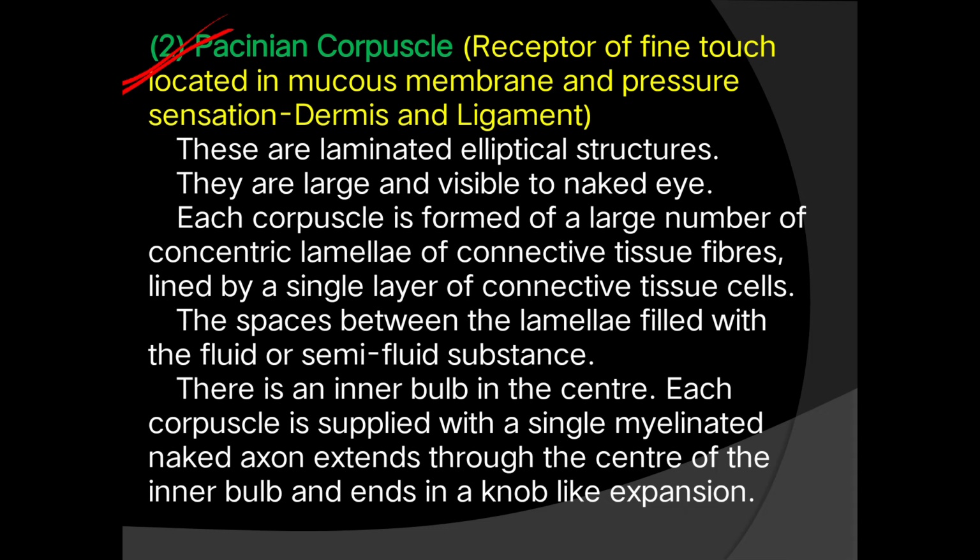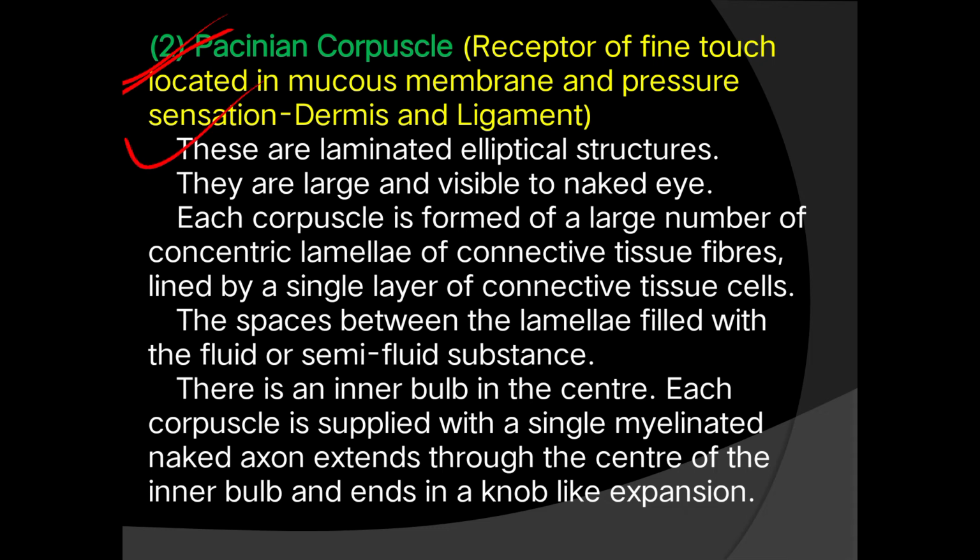What is the ligament doing? Ligament connects bone to bone, and tendon connects muscle to bone. So these are found in the ligament, in the bone to bone connecting joint, and Pacinian capsules are responsible for pressure at that location.